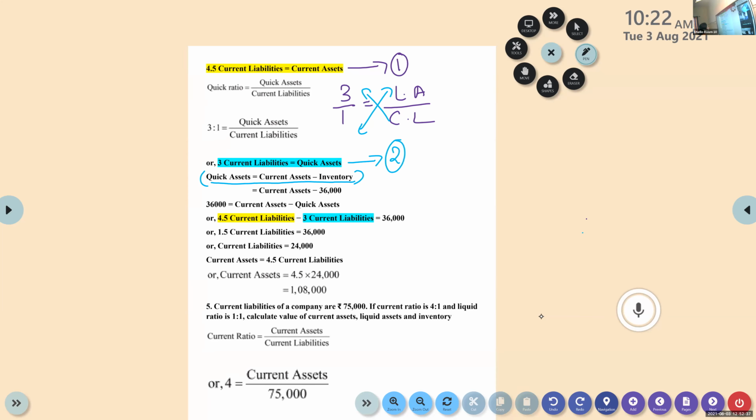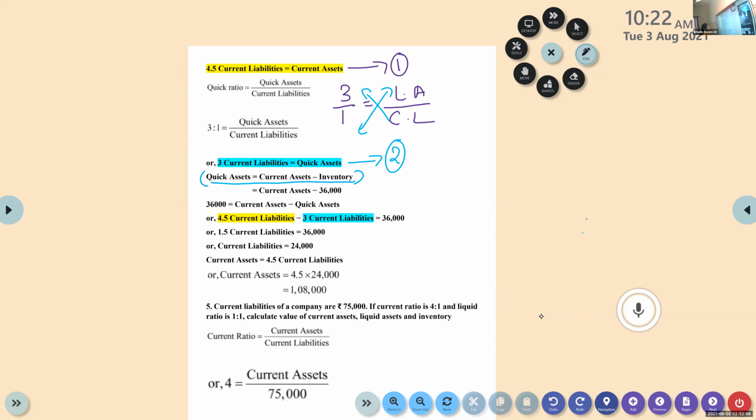So instead of current asset, we are going to write 4.5 current liability, in the equation 36,000 is equal to current asset minus quick asset.